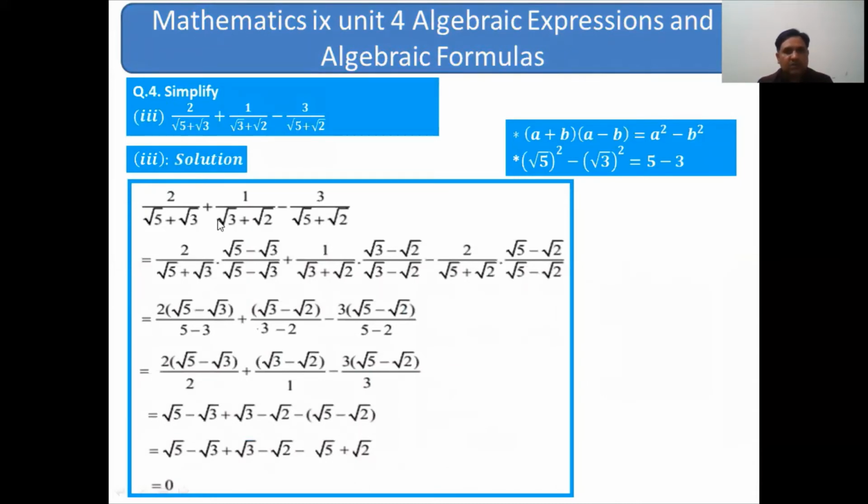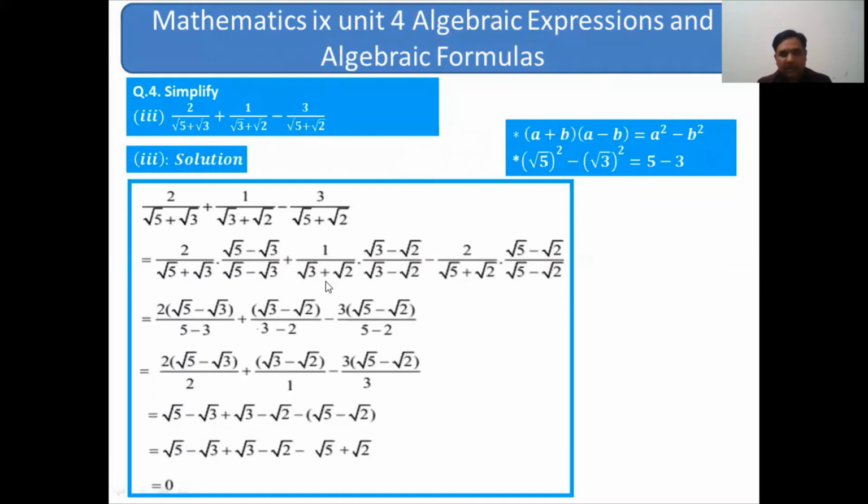First, to solve this, we have to multiply and divide with the conjugate of this binomial surd. The conjugate of square root of 5 plus square root of 3 is square root of 5 minus square root of 3. So we have to multiply with this and divide with this one.